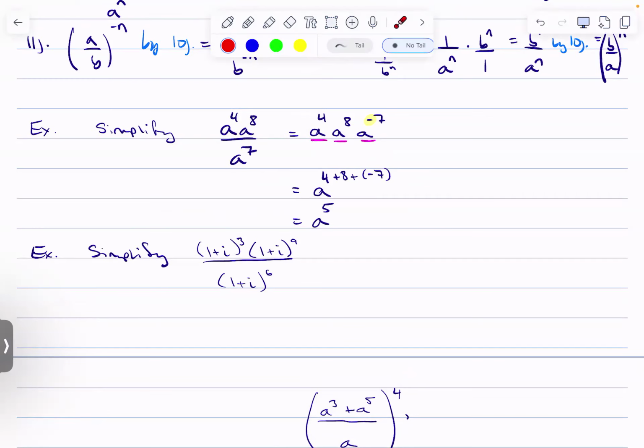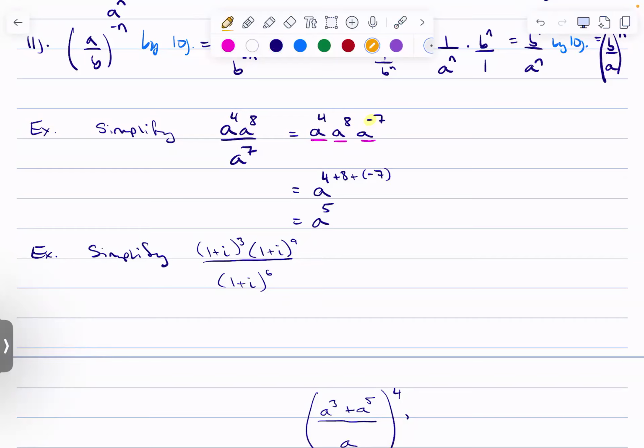It's tempting to do 1 plus i times 1 plus i times 1 plus i and expand this thing. But then you look down the line and see a 1 plus i to the power of 9, and it's going to get out of hand. We're trying to simplify this thing, not expand it.